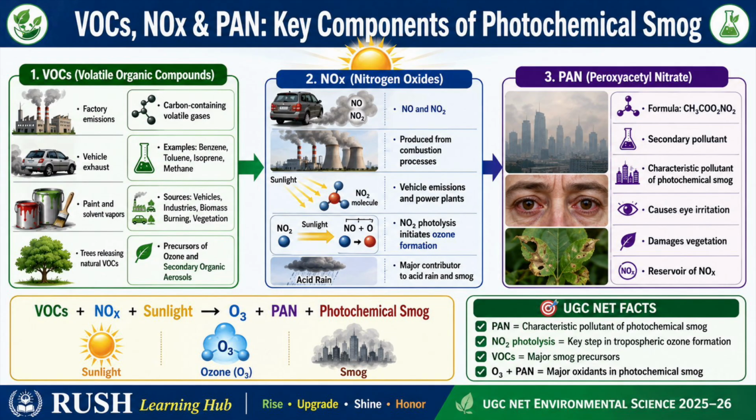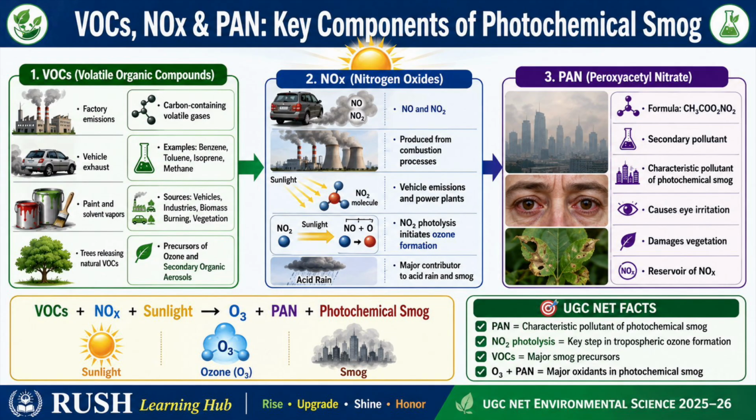Now let us understand the relationship between VOCs, NOx, and PAN. These compounds are chemically interconnected. First, VOCs and NOx are released into the atmosphere from natural and anthropogenic sources. Under the influence of sunlight, VOCs undergo oxidation reactions and generate organic peroxy radicals.